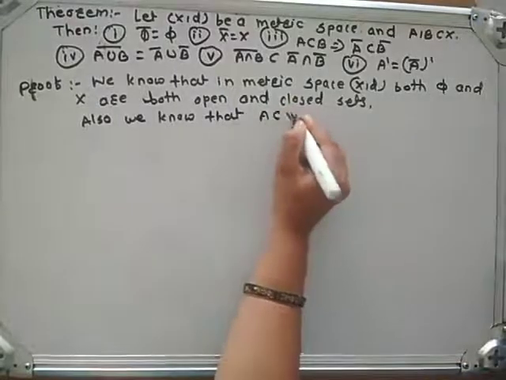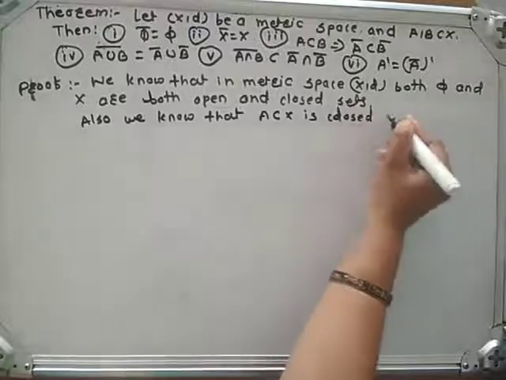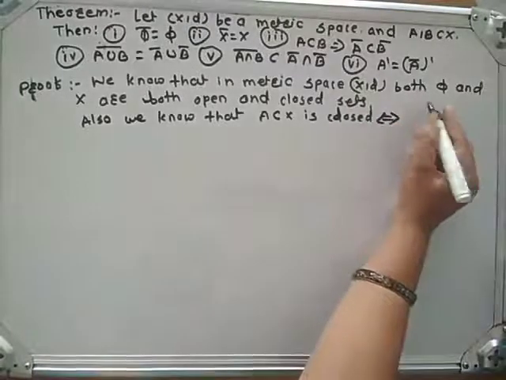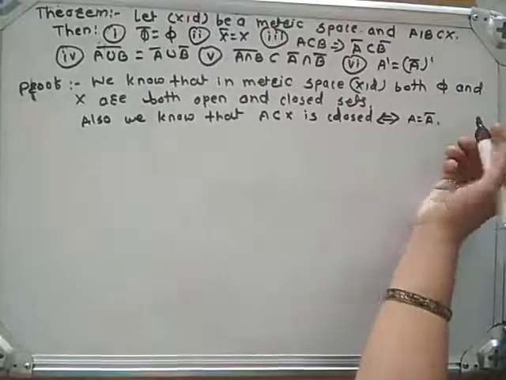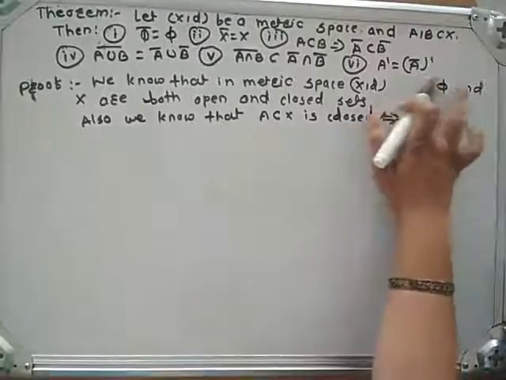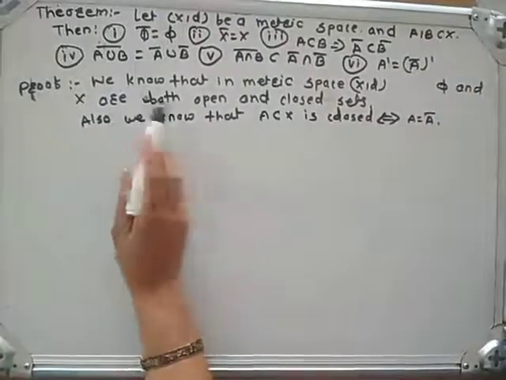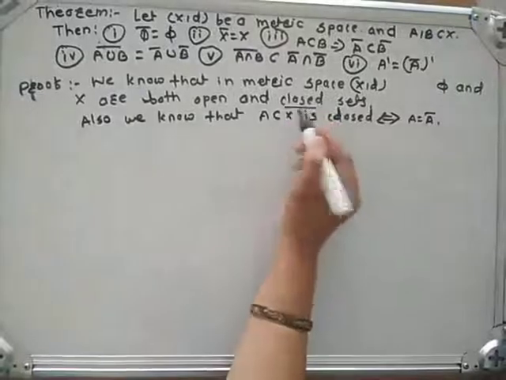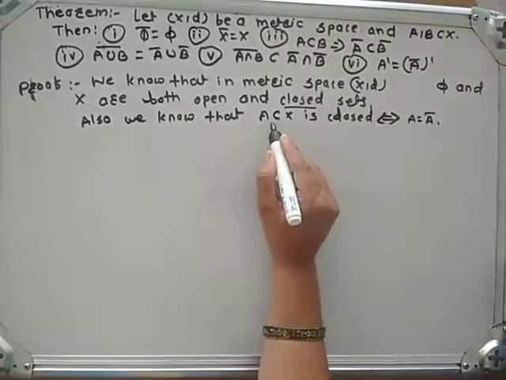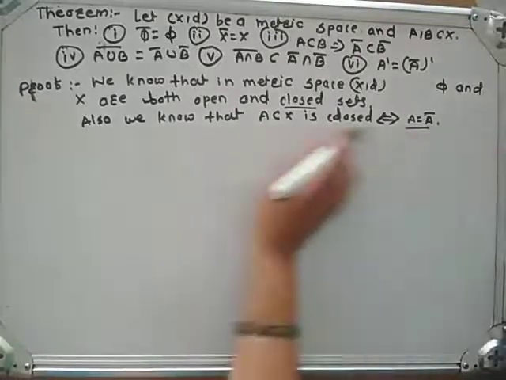Also we know that A, a subset of X, is closed if and only if A is equal to A closure. Here phi and X are closed spaces, and we know that if A is closed, then A is equal to A closure.